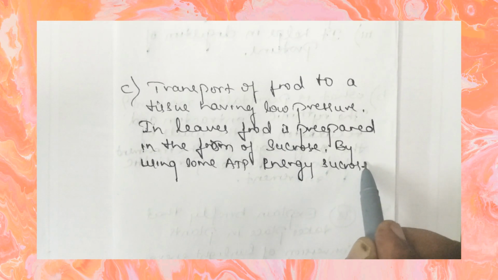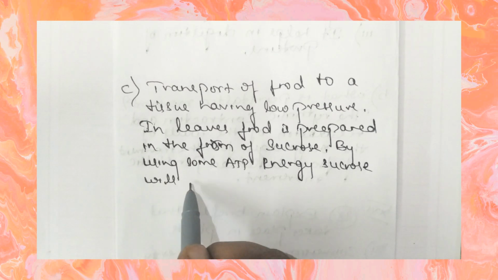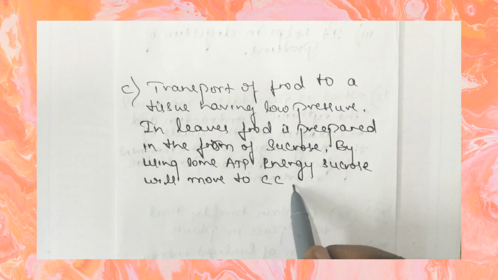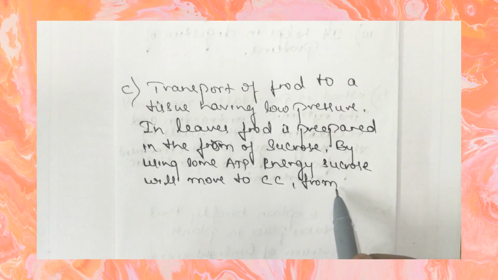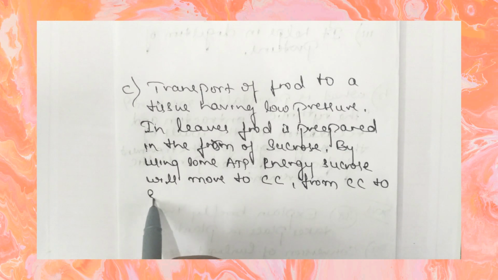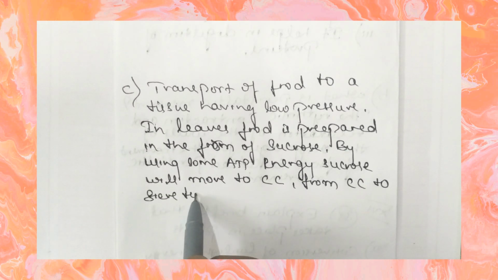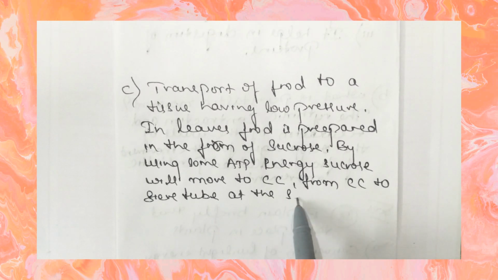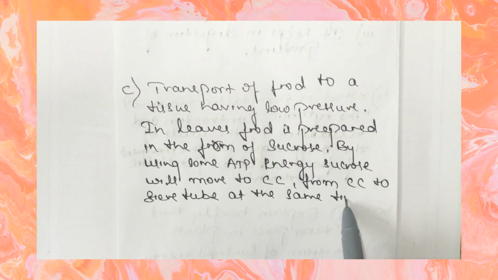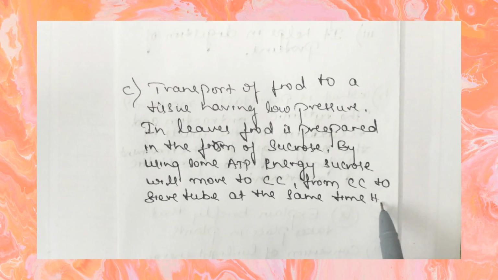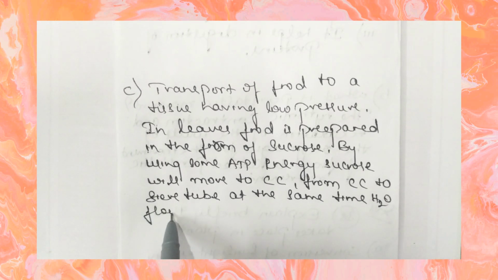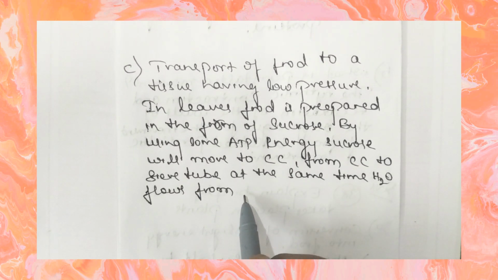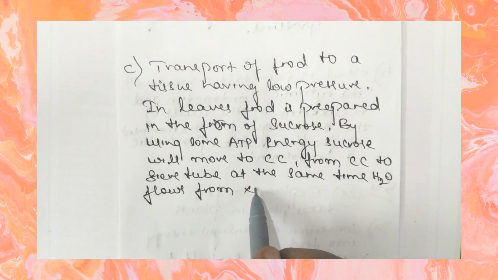Sucrose will move to companion cells, from companion cells to sieve tube, and at the same time water flows from xylem.